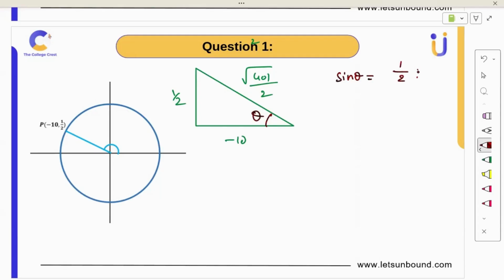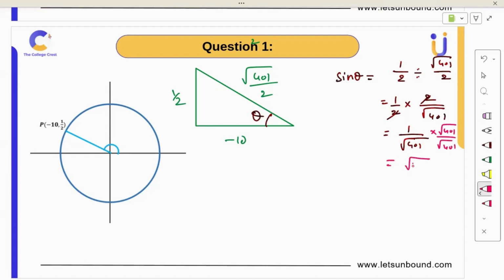I am using this division because a lot of fractions are involved. So 1 by 2, divide changes to multiply, 2 divided by square root 401. 2 cancels. 1 by square root 401. Yes, if you want to rationalize this, you can multiply by √401 and divide by √401. It's √401 divided by 401, that is sine theta.